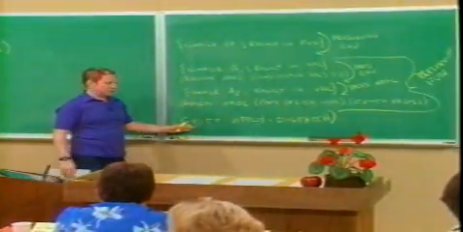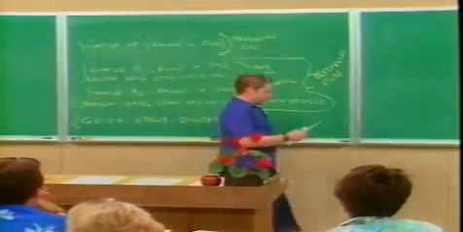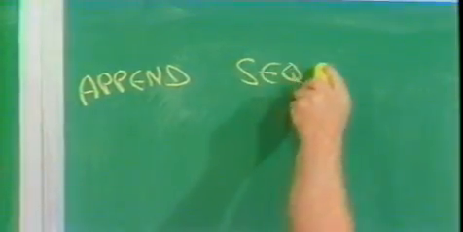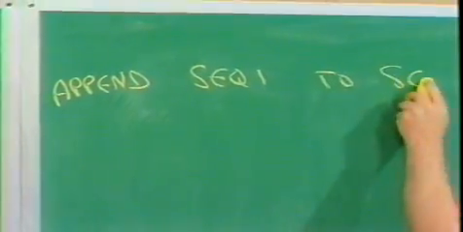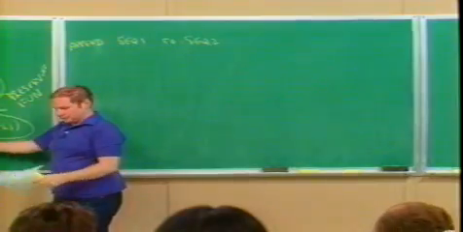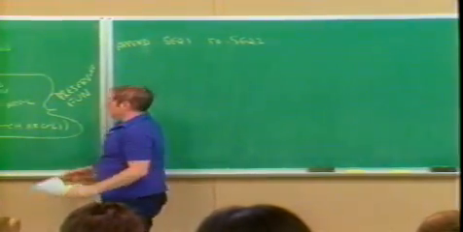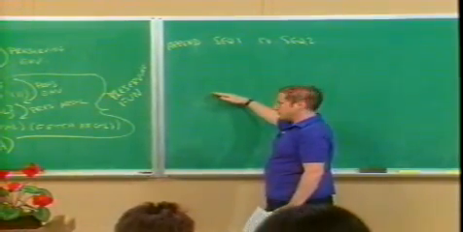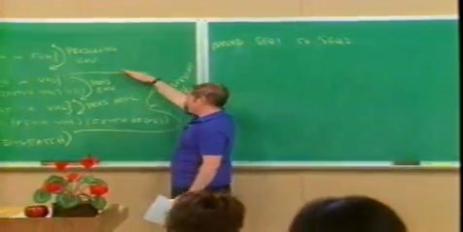So the basic means of combining things is to append two code sequences. That's what's going on here. And it's a little bit tricky. The idea is that it appends two code sequences, taking care to preserve a register.